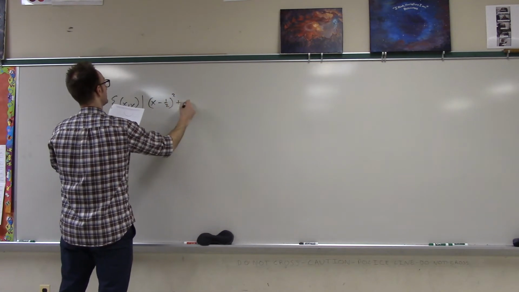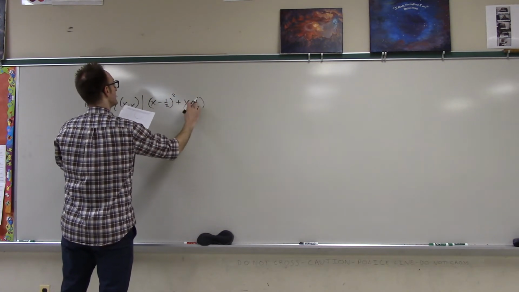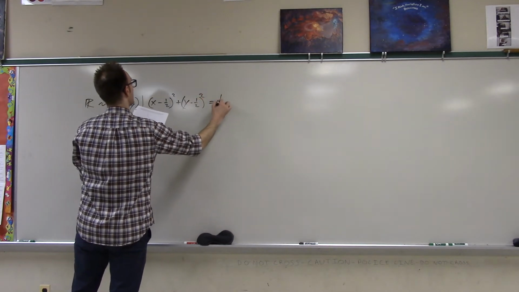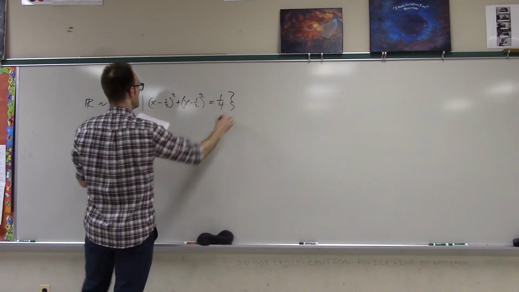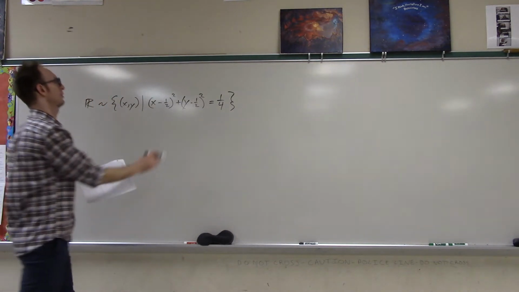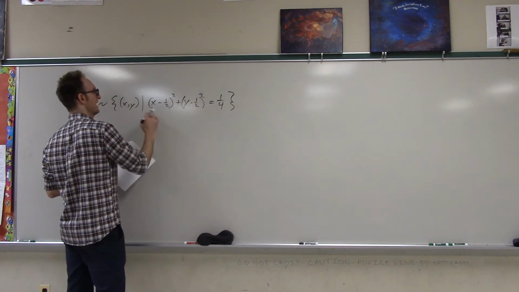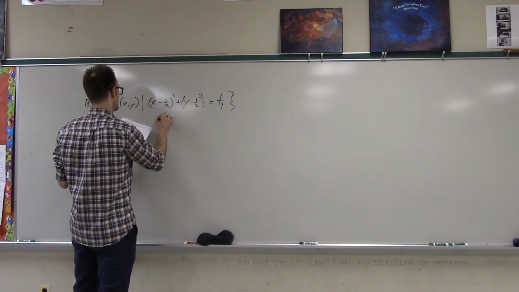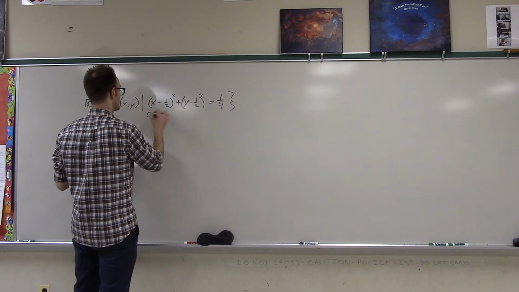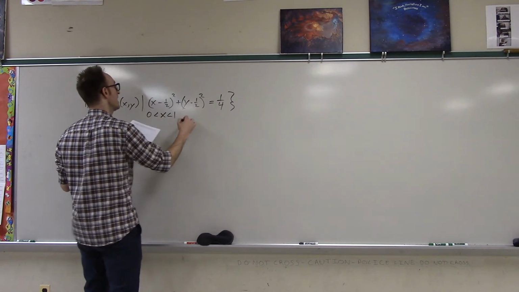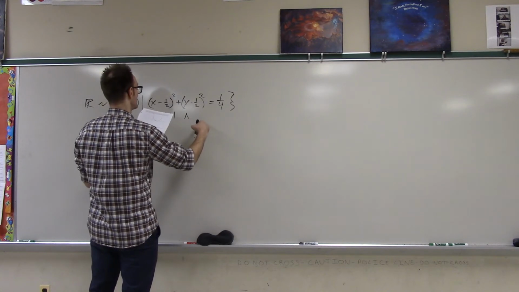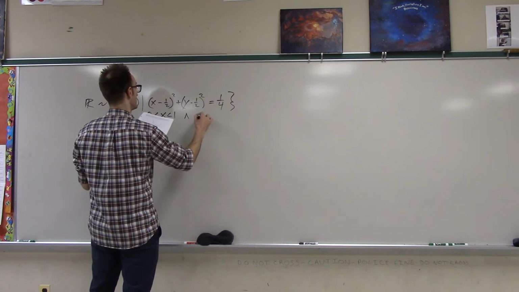Yeah, x minus a half squared plus y minus a half squared equals a half squared or something like that. But that's not even totally correct, because I also want it to be true that x is strictly between 0 and 1, and y is between 0 and 1 inclusive.